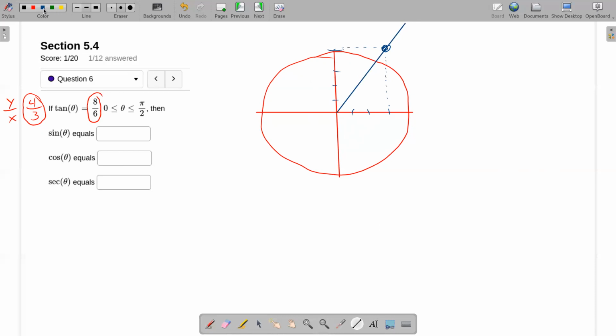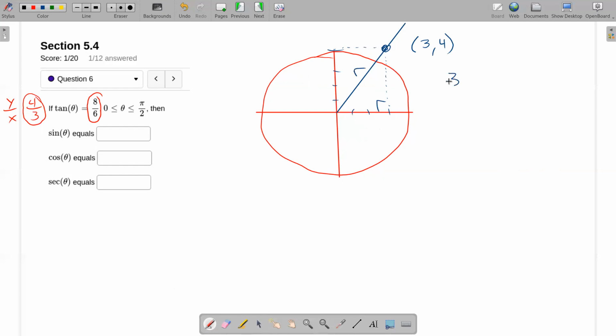And let's see. So that point right there, I'm going to claim is the point x equals 3, y equals 4. And I've made a right triangle here. I just need to figure out what r is to that point up there.